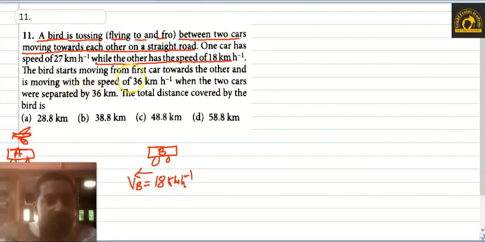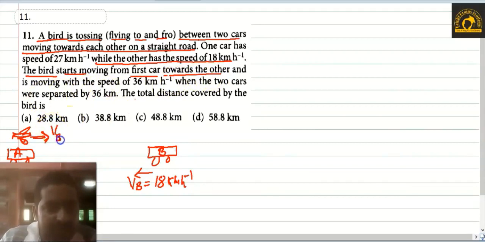The bird starts moving from the first car towards the other, with a speed of 36 km/h. When the two cars are separated by a distance of 36 km.